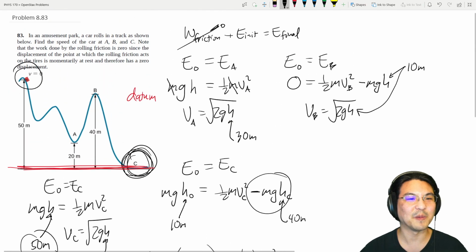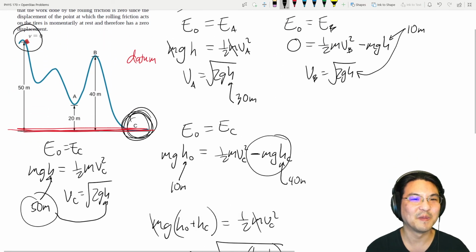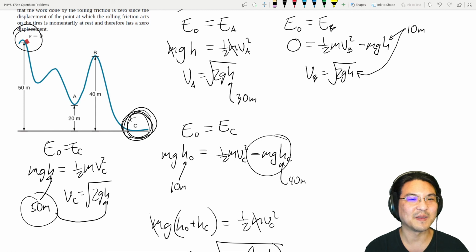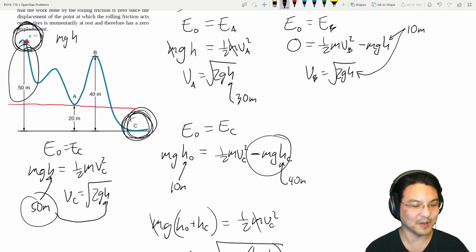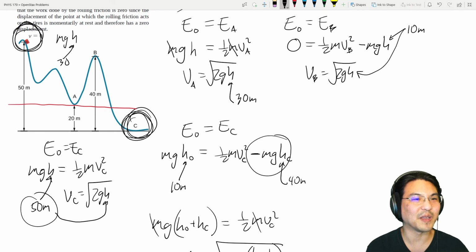Let's try this problem one more time, the same one. This time let's pick the datum here. So I'll just jot it down right here. Initially mgh, where we are 30 meters above the datum. That's 30. And then at C, we're going at some speed.